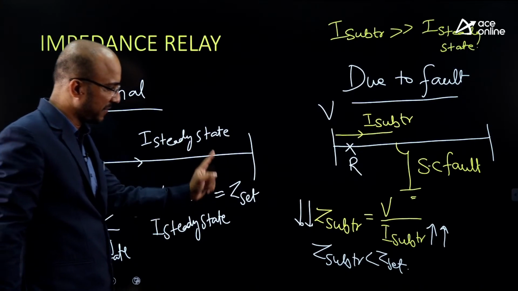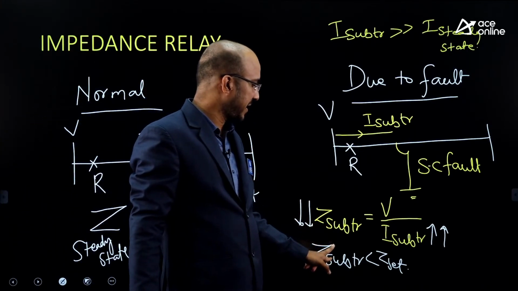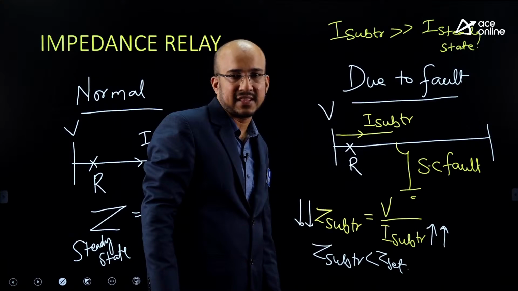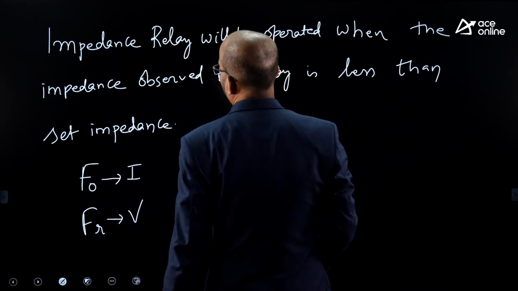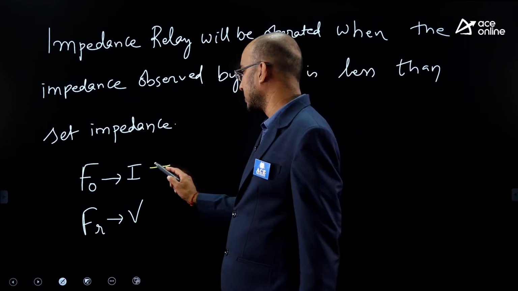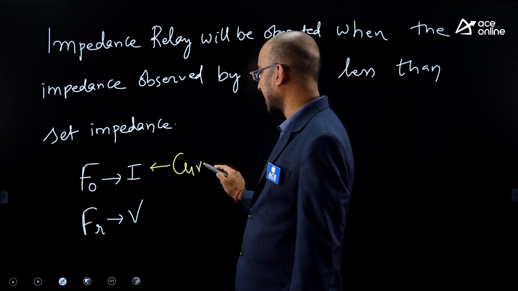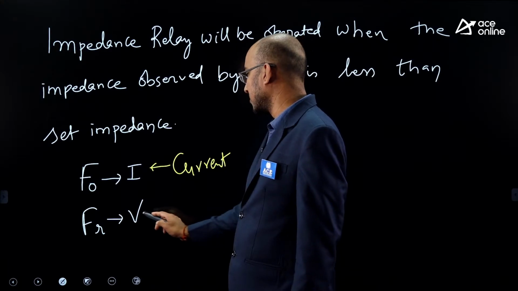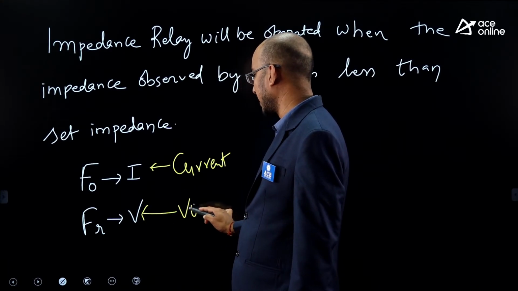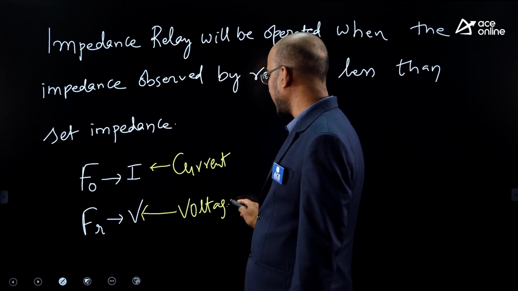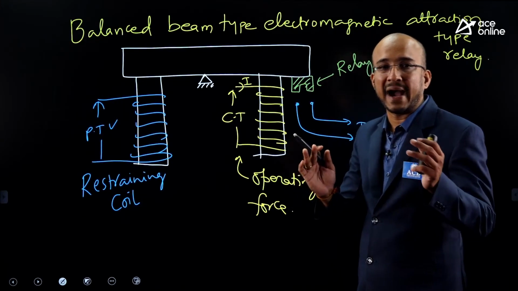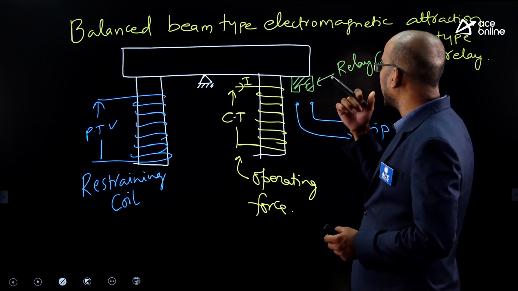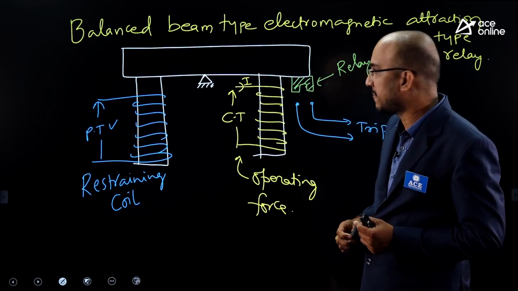Impedance relay will be operated whenever the impedance observed by the relay is less than the set impedance. In case of impedance relay, operating force is due to current, and restraining force is due to voltage. So we implement this impedance relay by using a balanced beam type electromagnetic attraction type relay.